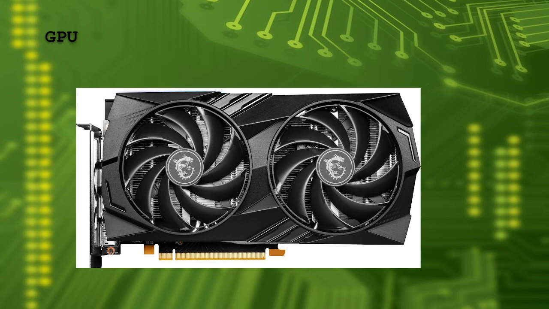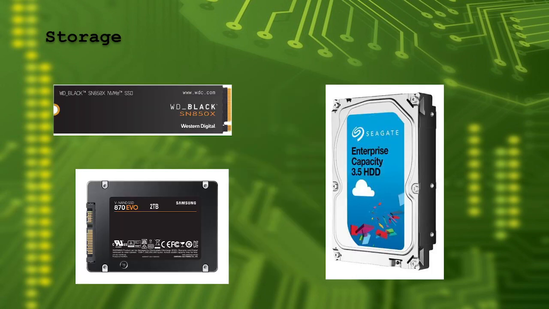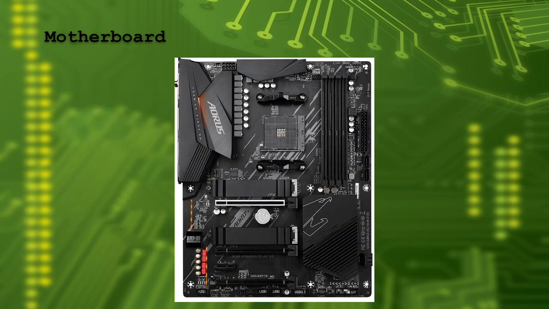I'm currently working on GPU naming conventions, which are, to be honest, a little bit simpler than CPU naming conventions, but that might take a while. Storage, different than memory. Again, this video will very briefly mention these, and just like that, we're moving on.